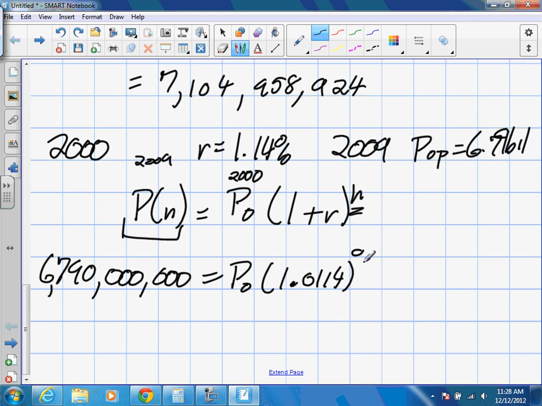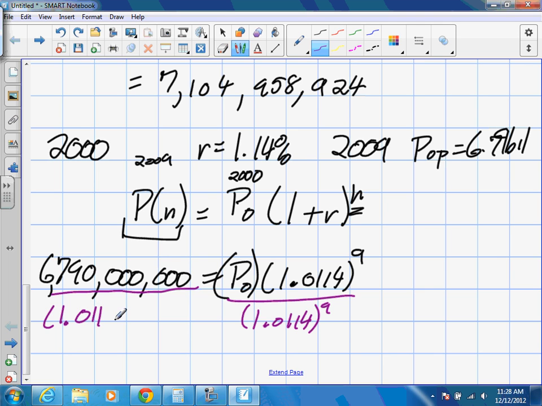What we need to do is isolate this P naught. In order to isolate, what do I need to move to the other side? That bracket. So we're going to divide both sides by this amount, to the power of 9. And we're going to divide this number by that amount. So someone jump on a calculator and help me out here. We know that these will cancel out or create a 1.